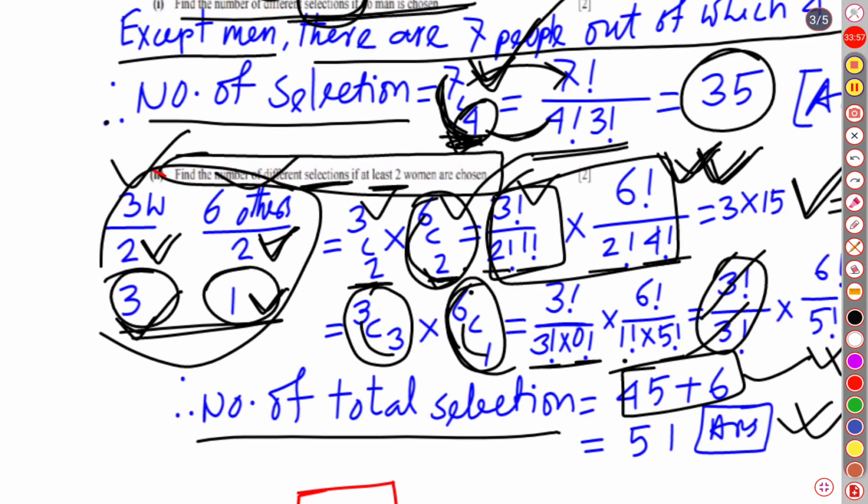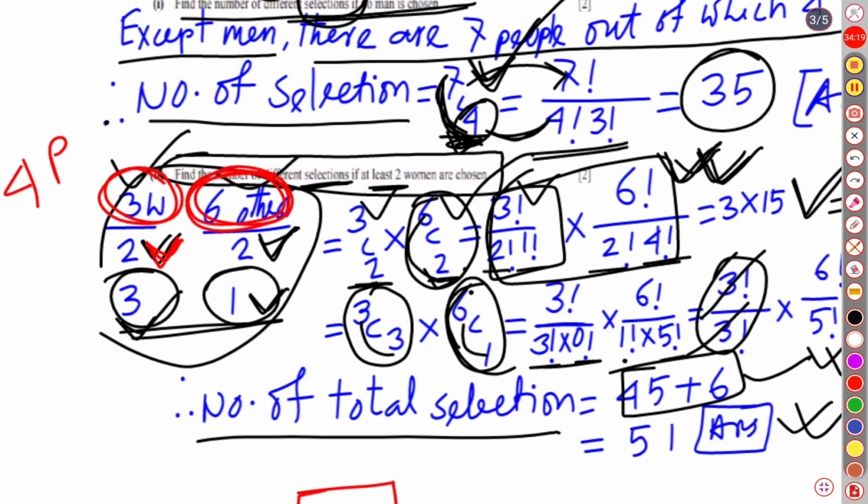First we have written that there are 3 women and 6 others. As there is no restriction or question about the others, all 6 can be written together. First, from 3 we can choose 2 because they told at least 2. So if we choose 2, then we will have to take another 2, because our choir contains 4 people.